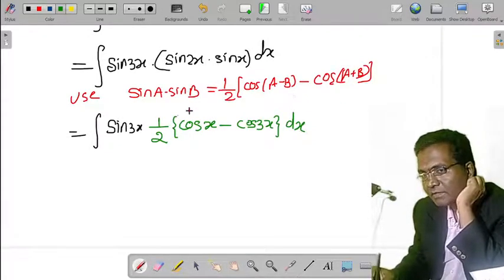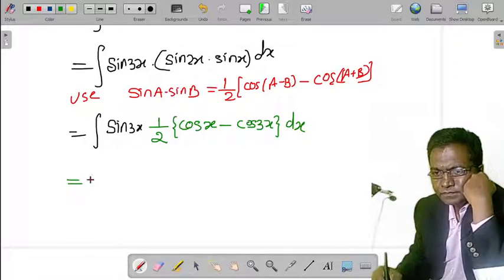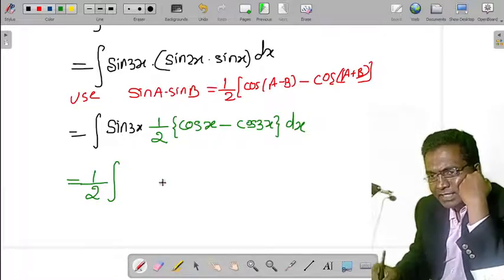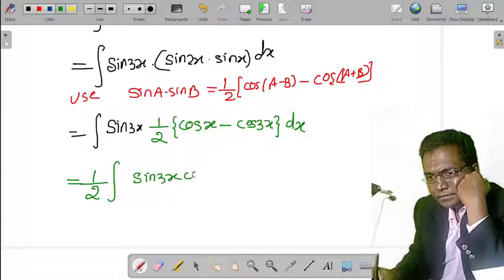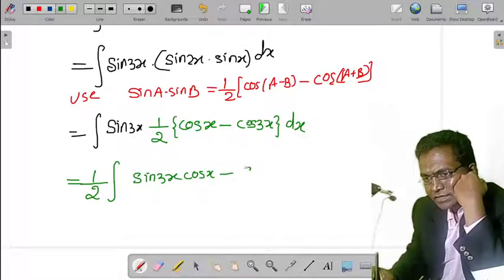Without this transformation formula, it is impossible, you may go wrong. So 1 by 2 outside, and we get sin 3x into cos x as one term, minus sin 3x into cos 3x.